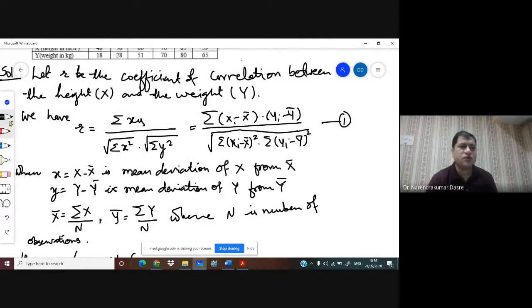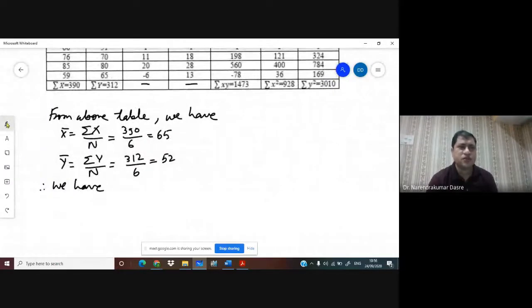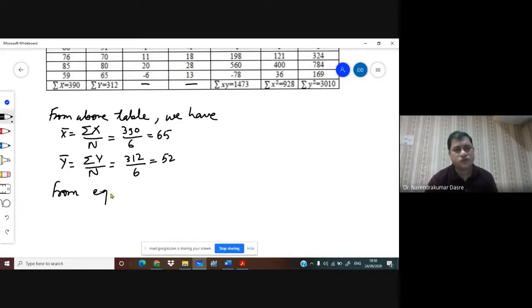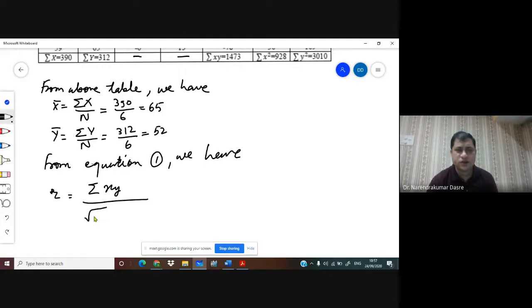Then from equation one, we have r is equal to summation xy on square root of summation x square into square root of summation y square.